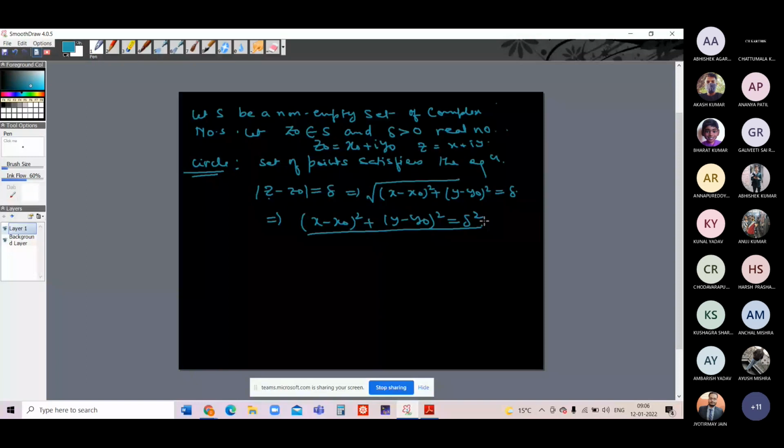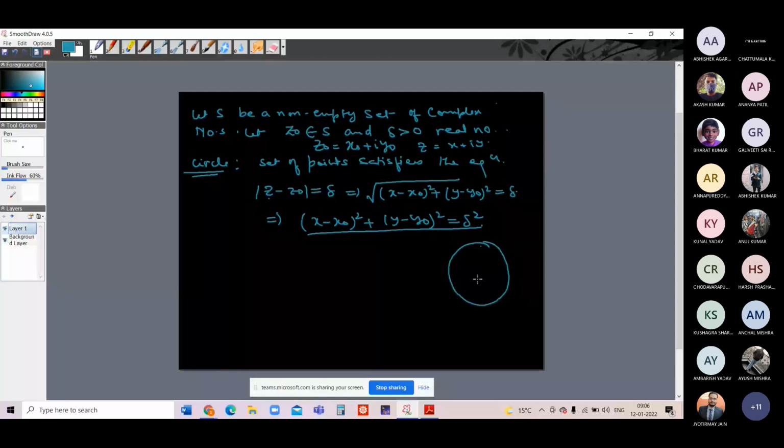Okay, so a circle in the complex plane is a collection of points which lie on the boundary of a circle whose center is this z naught.